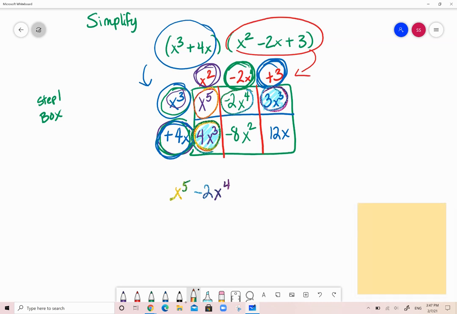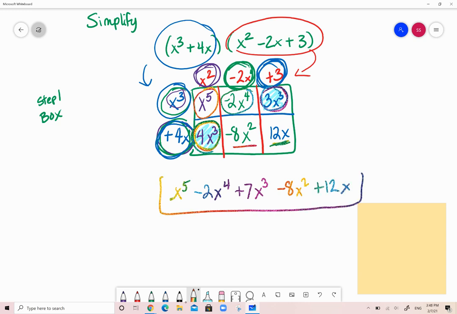Sorry, I put a sticky note by accident. So plus 7x cubed. The exponent stays, it's just combining like terms, just like the previous problem. And then there's nothing with 8x squared, so that just comes down. And there's nothing with the 12x, so that just comes down. And voila, that is our answer. Okay?